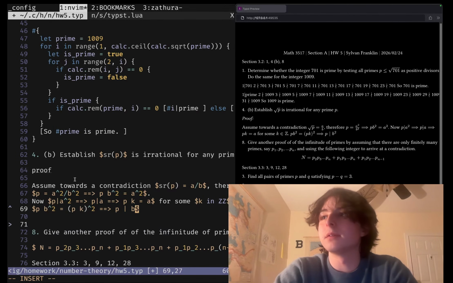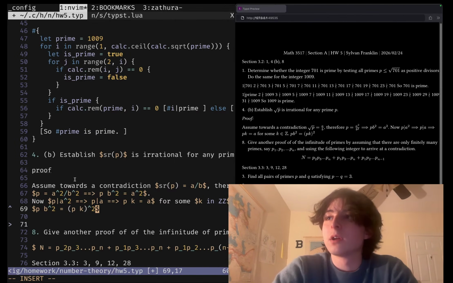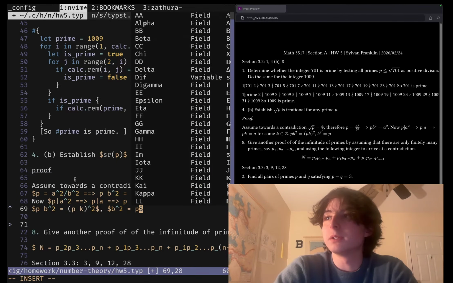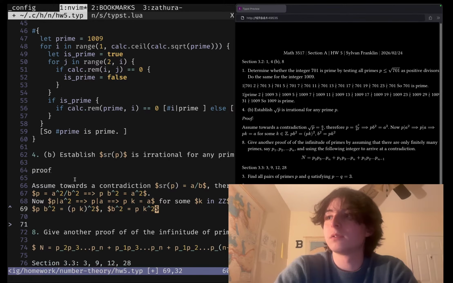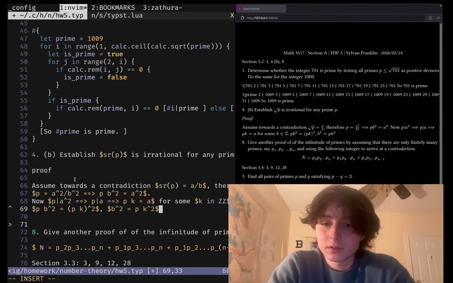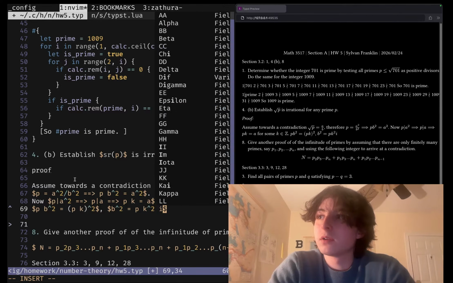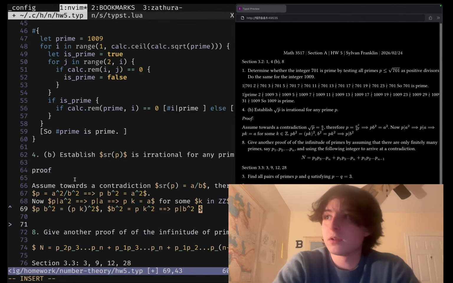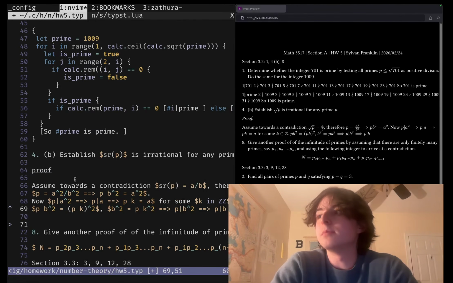Okay, right, and then I see the algebra there, b squared equals pk squared, which means that p divides b squared. P divides b.